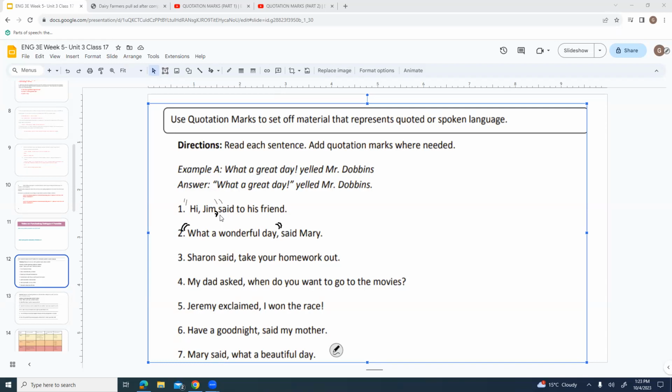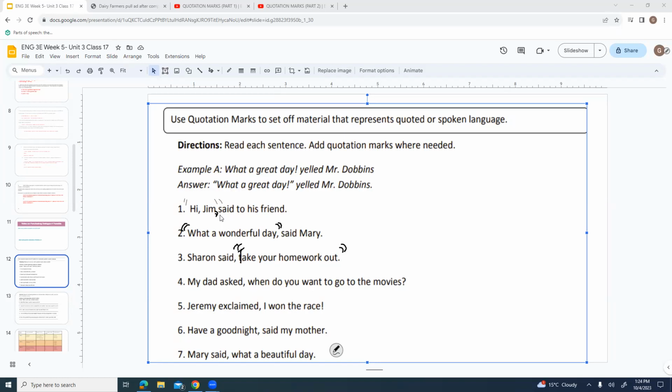Next part says, Sharon said, "take your homework out." Okay, so there's our tag, there's the comma, here's the beginning of her words, and there's the end of the words. I'm gonna make sure to put the period inside the quotes. Now, I also need to fix the first letter and turn it into a capital because it's the beginning of her speech.